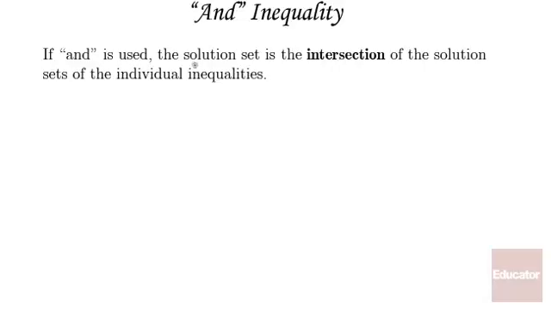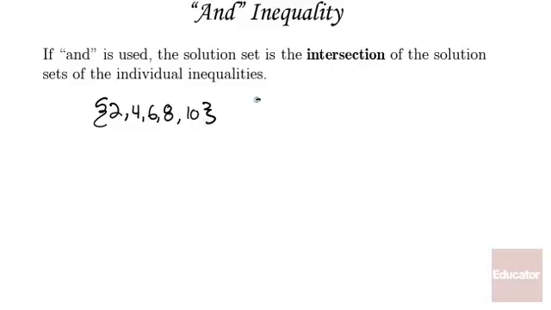If and is used, the solution set is the intersection of the solution sets of the individual inequalities. So I'm going to review this here, the idea of intersection, and this is also covered in detail in the Algebra 1 series. So intersection means the common members of both solution sets. Just looking at numbers, if I have 2, 4, 6, 8, and 10, and that's my first set.